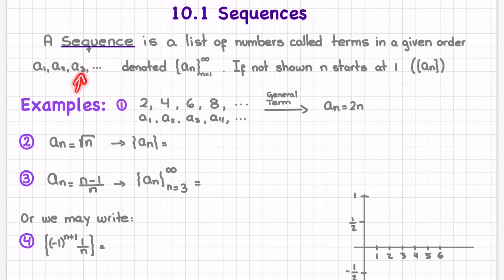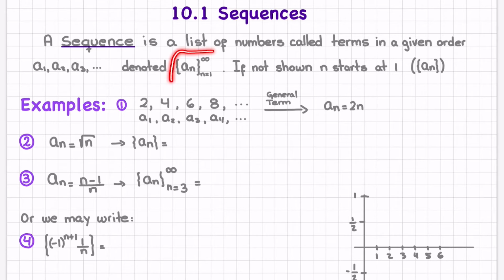Third is A3. Unless stated otherwise, our sequences start at 1. If it's specified, a sequence can start at 4, 3, 10, 100, whatever. But if it's not specified, it starts at 1.